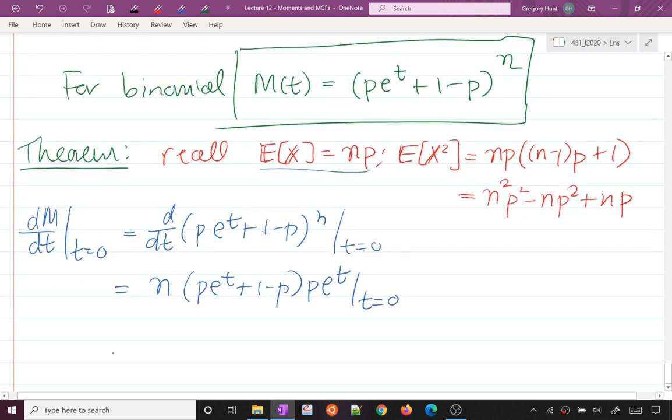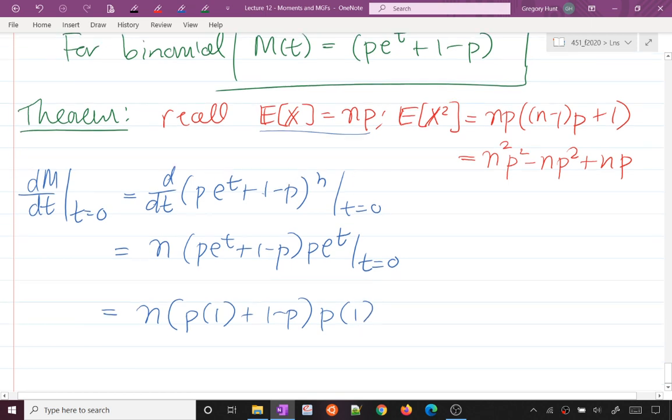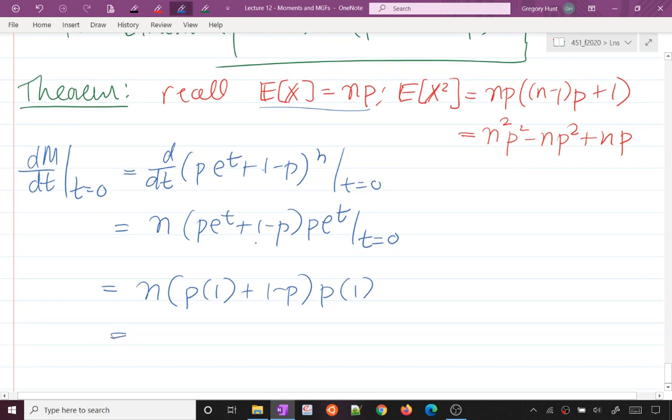So I'm going to plug in 0 for t: np times 1, e to the 0 is 1, plus 1 minus p. Well, we got p plus 1 minus p in the middle. Of course, we knew it had to come out to be np, and indeed, the algebra comes out to be np, right? Which, if you believe my theorem, is always the expected value, that first moment.